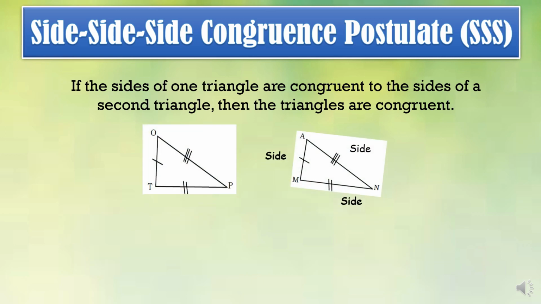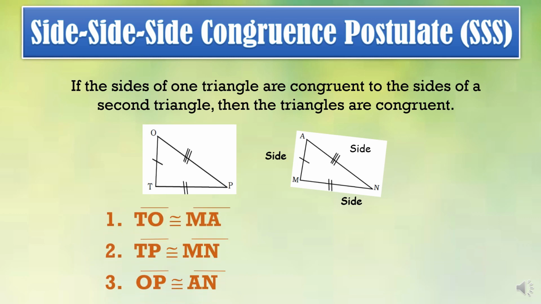Given the triangle TOP and triangle MAN, we can say that based on the given markings, line segment TO is congruent with the line segment MA.